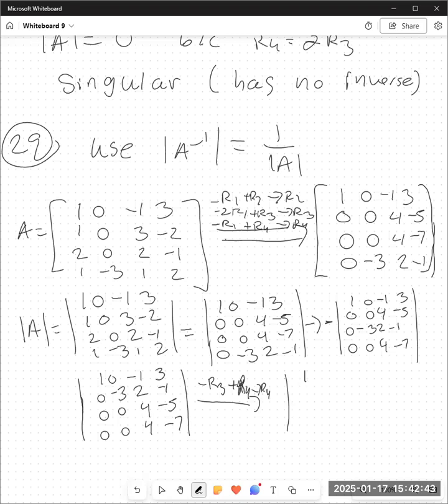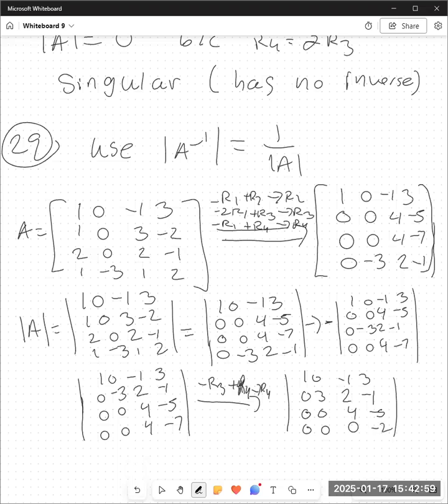And that's 1, 0, -1, 3, 0, 3, 2, -1, 0, 0, 4, -5, 0, 0, 0, and then -2.